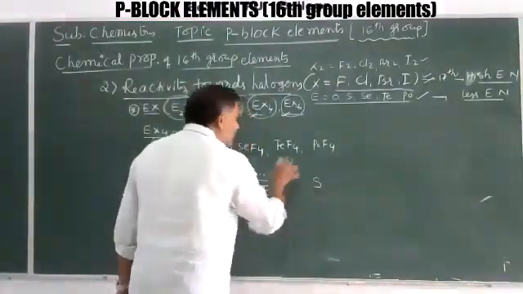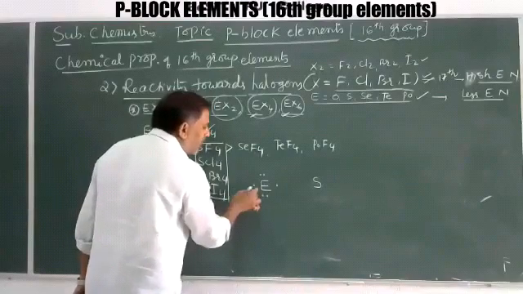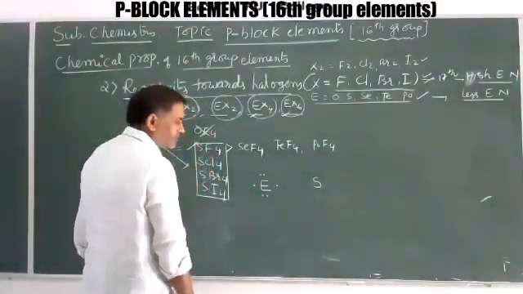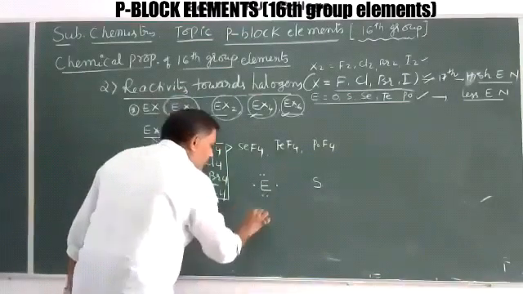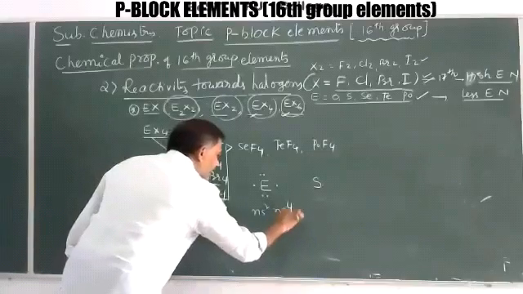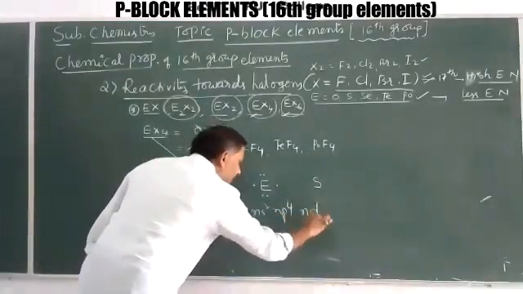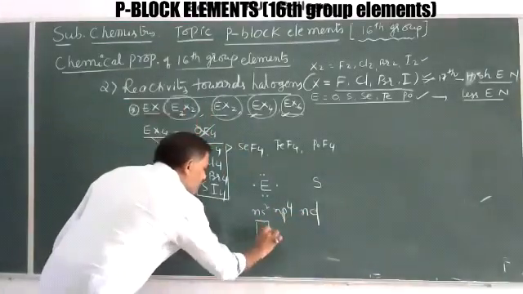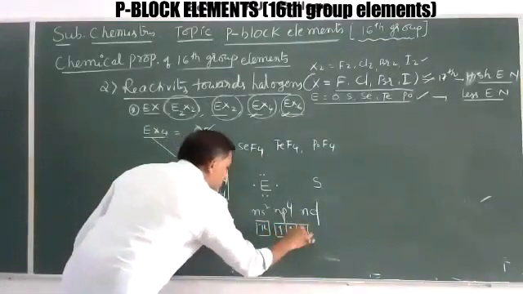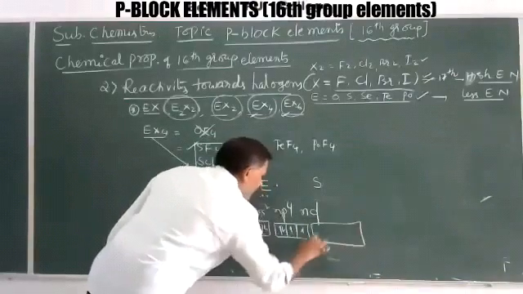For 4 fluorine atoms, 4 single electrons are required. That's why its electronic configuration is generally ns2, np4, and nd is there. Here 2 electrons are there, here 4 electrons, like this. Now this d orbital is vacant.